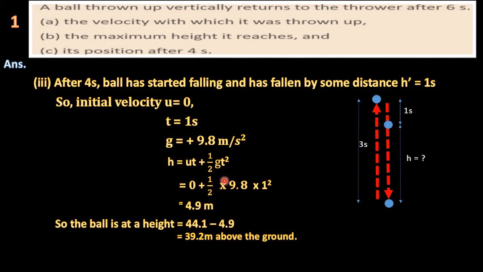Then ½ into 9.8 into 1 square, we get our answer as 4.9 m. Now we subtract this from the maximum height, that is 44.1 minus 4.9. So we get the answer 39.2. So the ball after 4 seconds is 39.2 m above the ground. So hope you understood it.